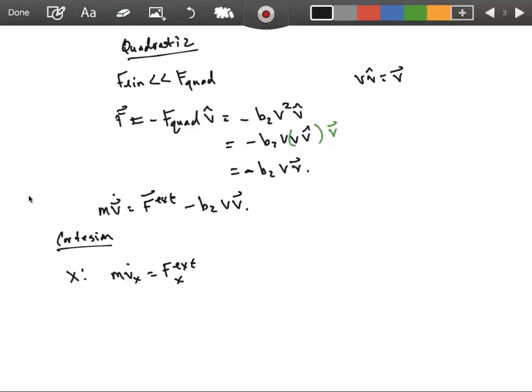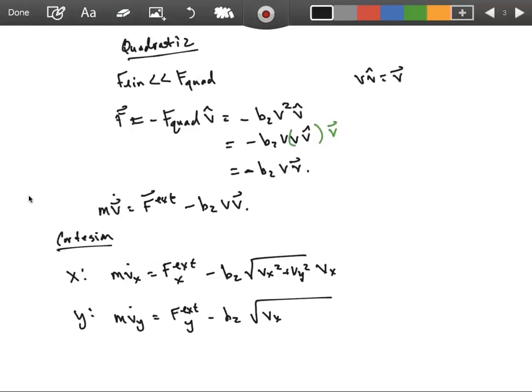But in the second term there's some complication because now I'm dealing with the magnitude of the velocity, which is the square root of vx squared plus vy squared times vx. And then in the y direction, we get m vy dot equal to f external in the y direction minus v2 times, again, the square root of vx squared plus vy squared times vy.